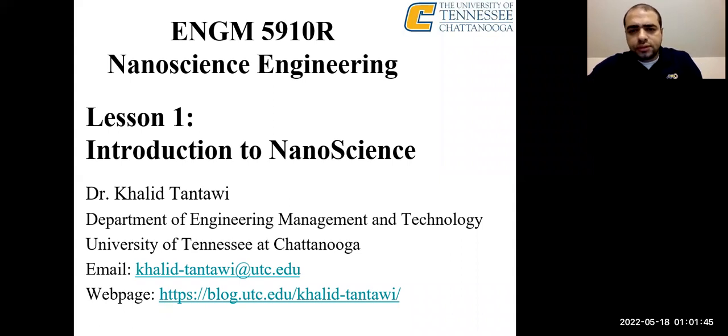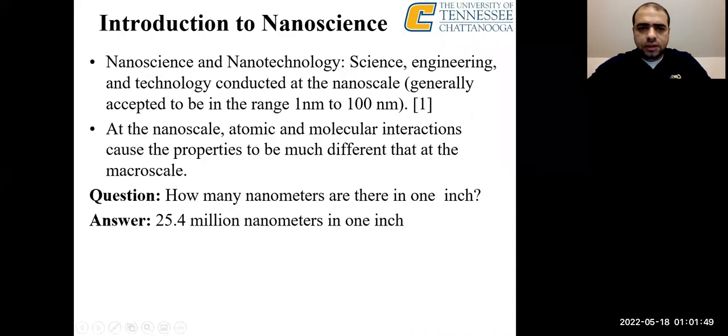So first, let's talk about the definition of nanosciences. Nanoscience and nanotechnology are basically science, engineering, and technology conducted at the nanoscale. The generally accepted definition of the nanoscale is the range that goes from 1 nanometer to 100 nanometers.